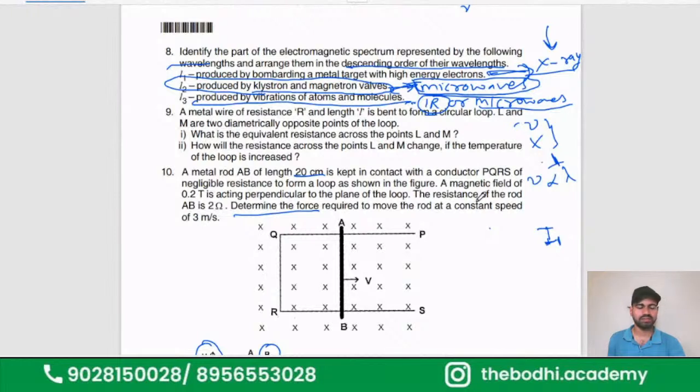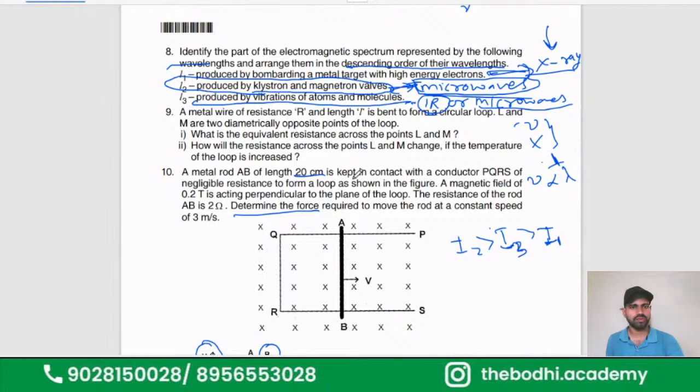No answers yet. It's going to be microwave. So microwave will come first, then IR, then X-ray. So we'll have I2, I3, and I1 like this. Okay. Fine.